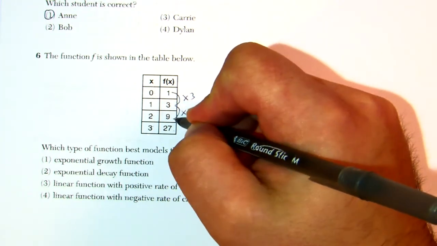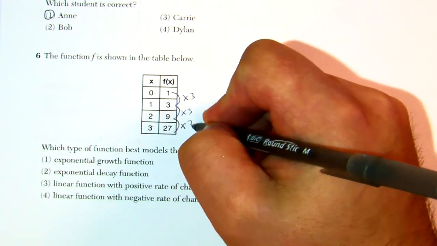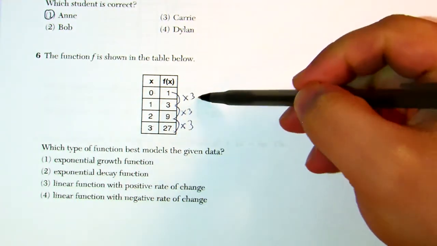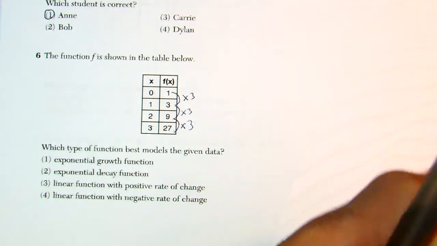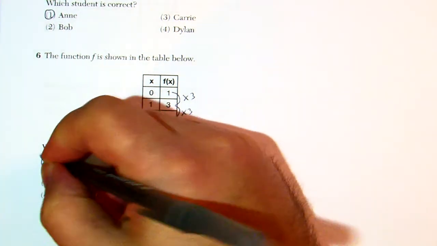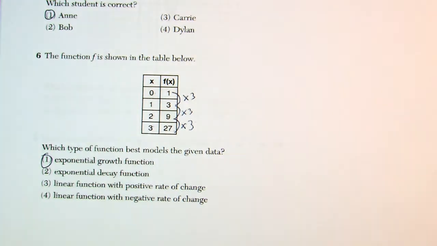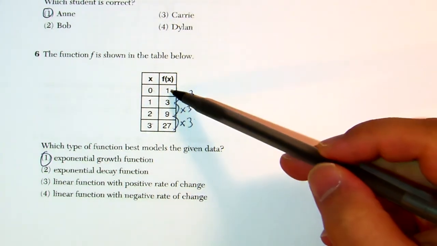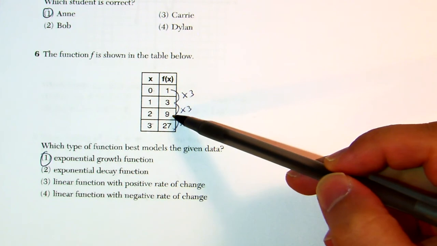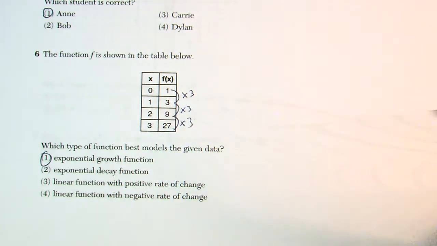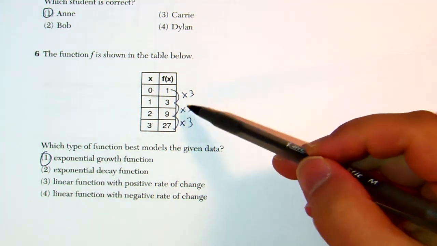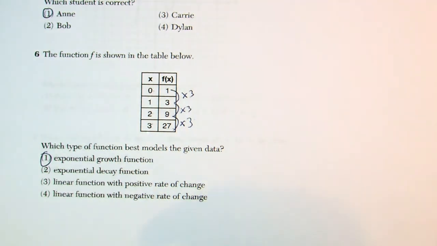So this is consistently multiplying by 3, and if I'm multiplying consistently by the same number, that is exponential, choice 1. If it was linear, I would be adding. If I add, I'm only adding 2, then I'm adding 6, then I'm adding a bunch more. It's all different. So I know if I multiply by that same number, it is exponential.